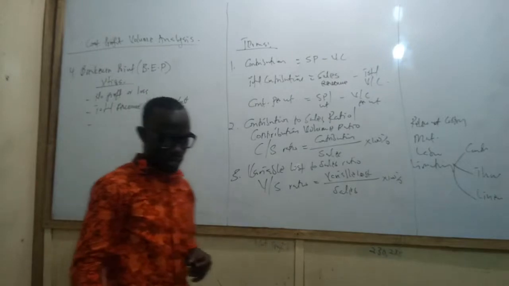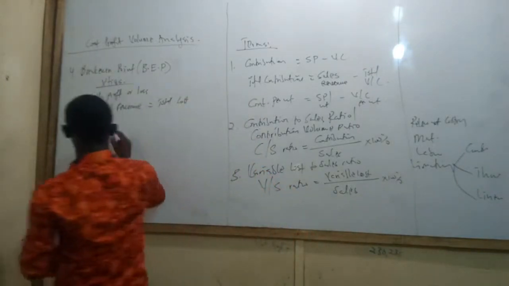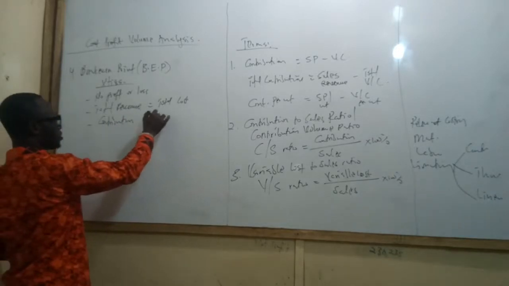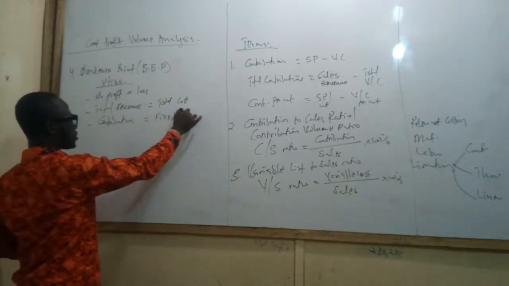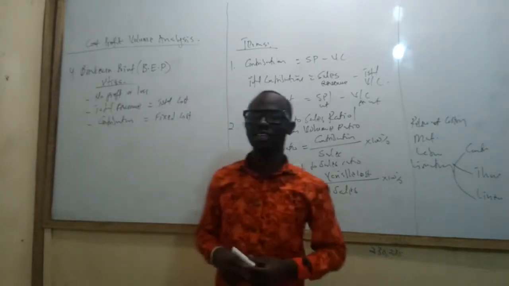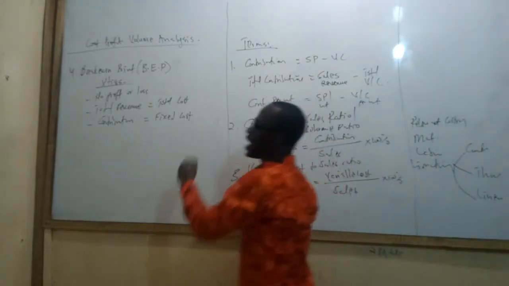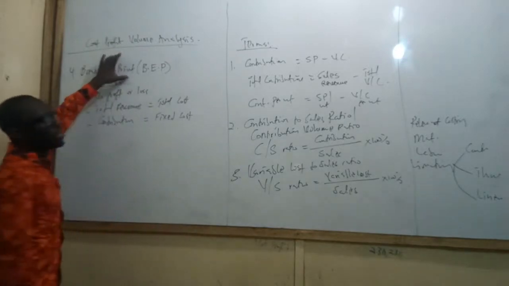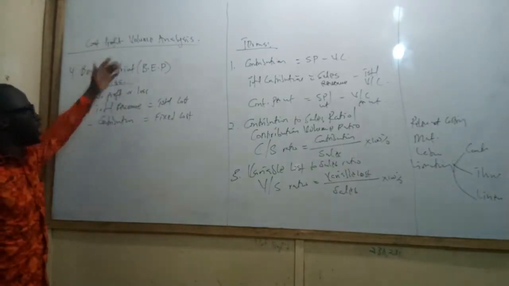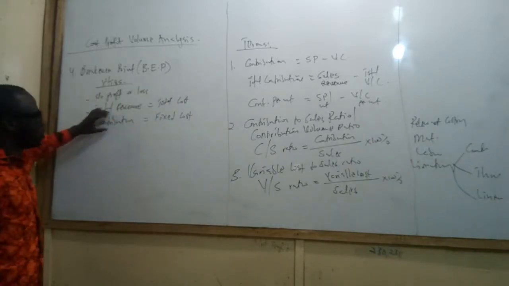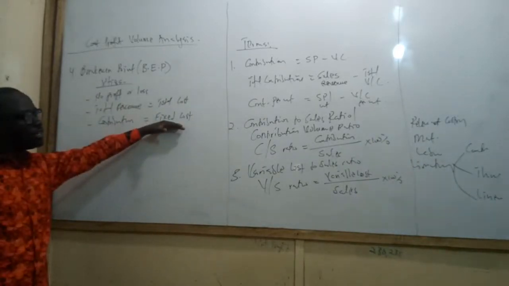And then 3, contribution is the same as fixed cost. So these are some characteristics that a company experiences when it is breaking even. So no profit or loss, total revenue is the same as total cost, contribution is the same as the fixed cost.